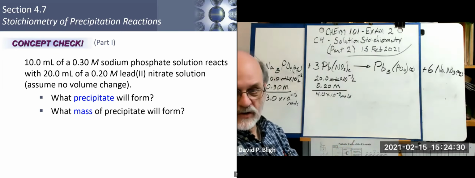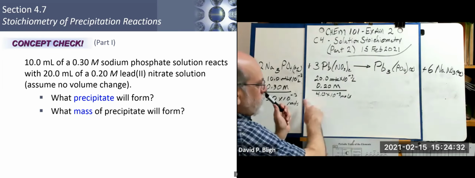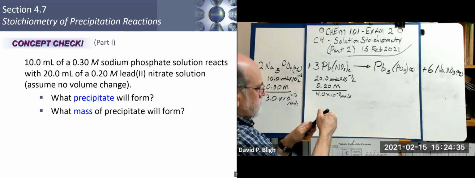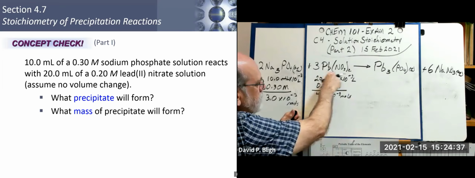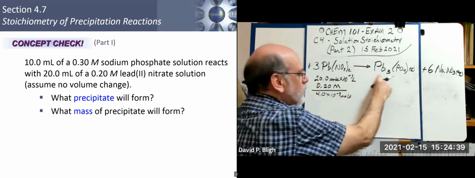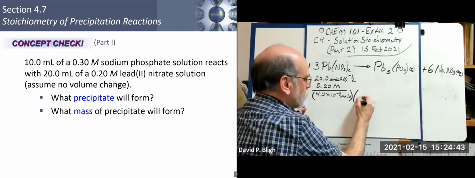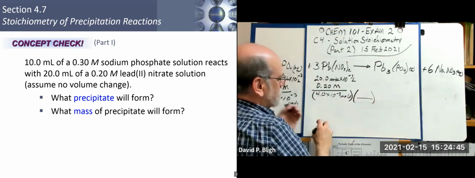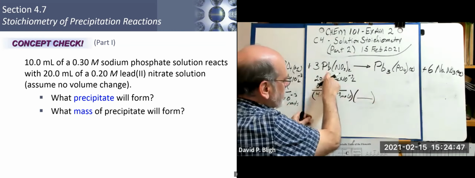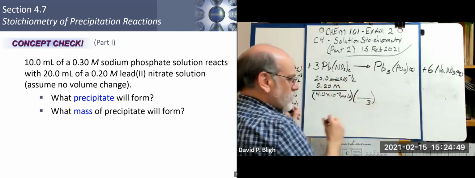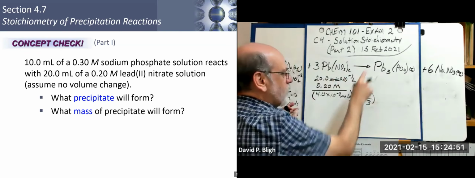Okay, so let's go ahead and do that. If we got this many moles of lead nitrate, how many moles of that do we have? What's the ratio? Well, we got 3 of these that we want to cancel, and we got 1 of those.